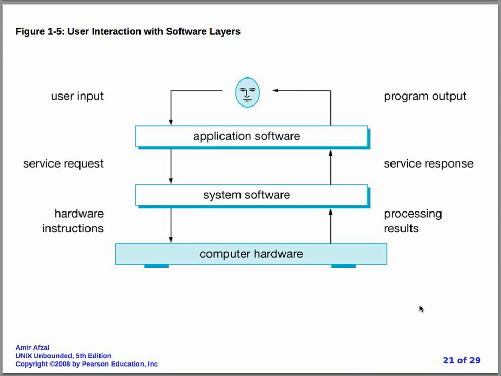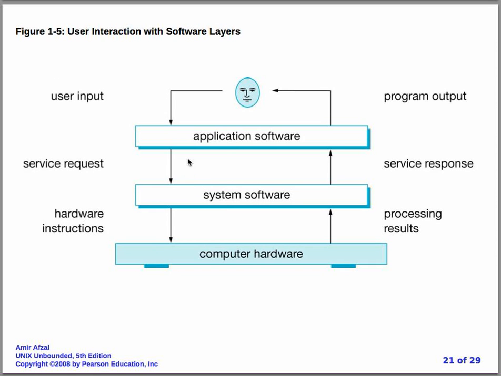One thing you want to get familiar with, the main thing really, is this idea of layers. At the very bottom towards the computer hardware is things like system software. So the operating system, which coordinates hardware, so that you don't have to worry about how hardware works. That's all taken care of in the operating system and system software.